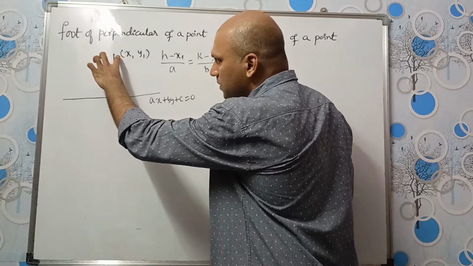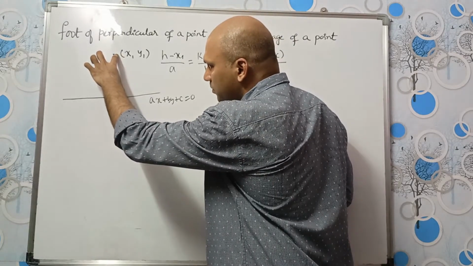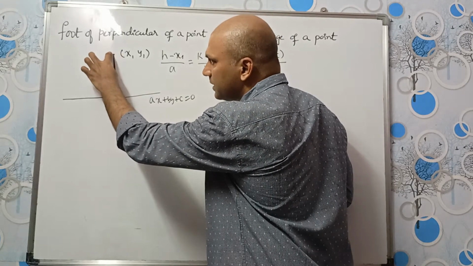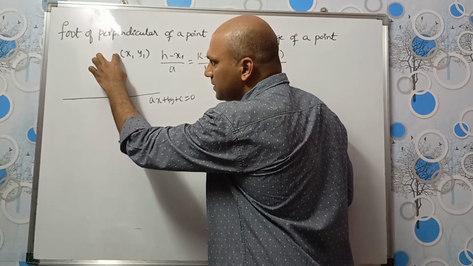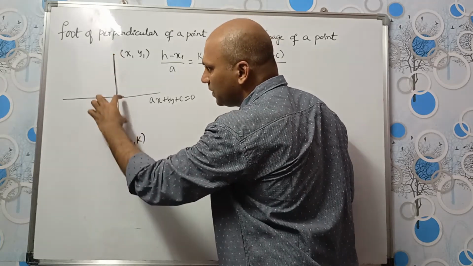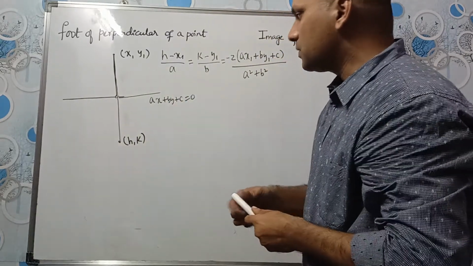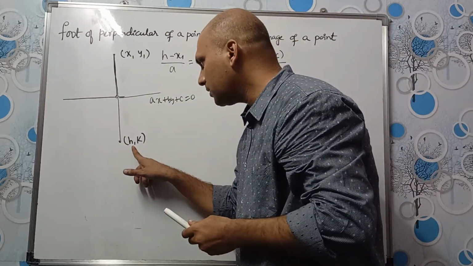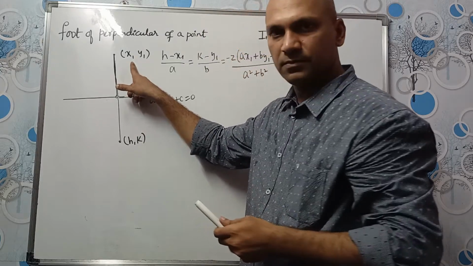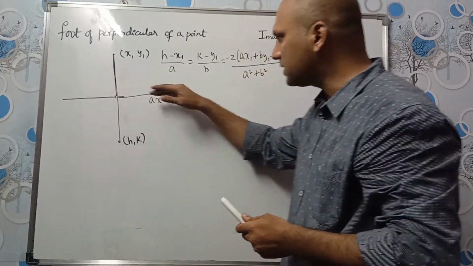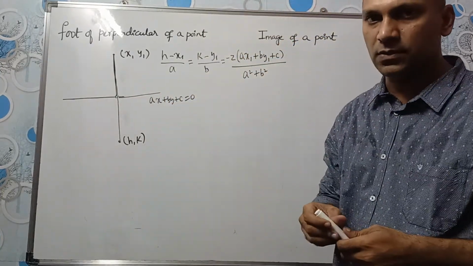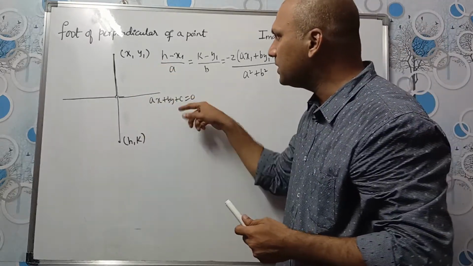If we consider this as the object, the distance of this object from the mirror will be equal to the distance of the image, right? So this h comma k is the image of this point with respect to this line ax plus by plus c equal to 0. Now what is the relationship between these three?